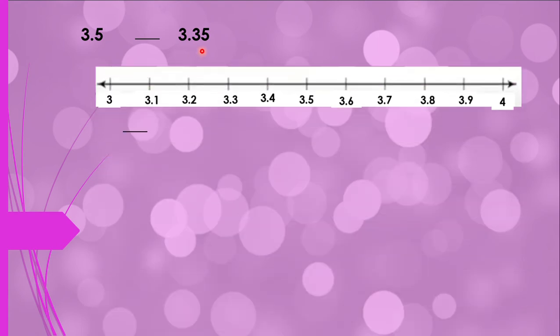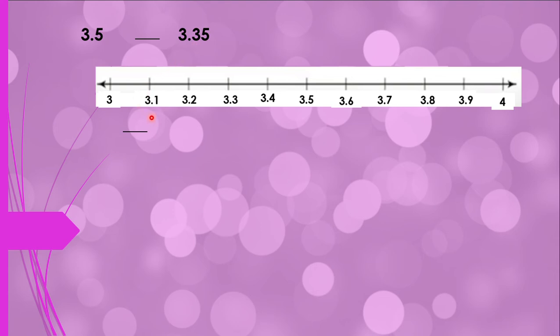Now let's do just simple comparing, 3.5 or 3.35. So we make a number line which is 3 to 4 because the whole number is 3. Over here also the whole number is 3. Right? Now the decimal point is, this is 5/10 and this is 3/10.